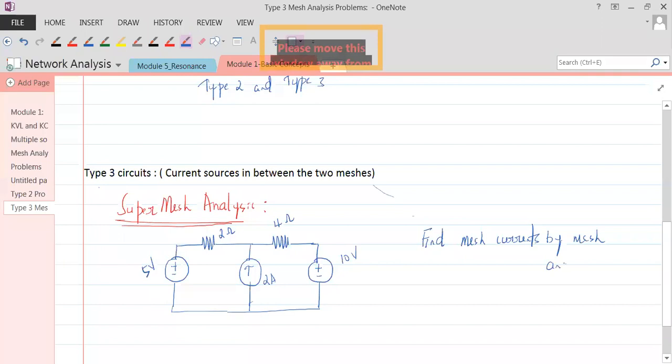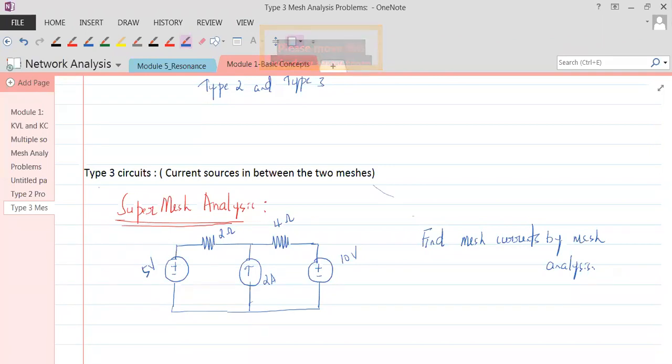Mind you, they'll not say super mesh analysis. They'll just say mesh analysis. It is we who should decide whether it is a mesh analysis or, in particular, a super mesh analysis.